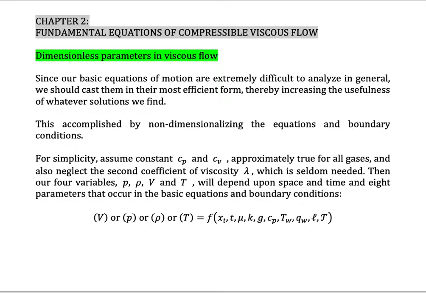For simplicity, assume constant Cp and Cv, approximately true for all gases, and also neglect the second coefficient of viscosity lambda, which is seldom needed. Then our four variables P for pressure, rho, V, and T will depend upon space and time, and 8 parameters that occur in the basic equation and boundary condition.